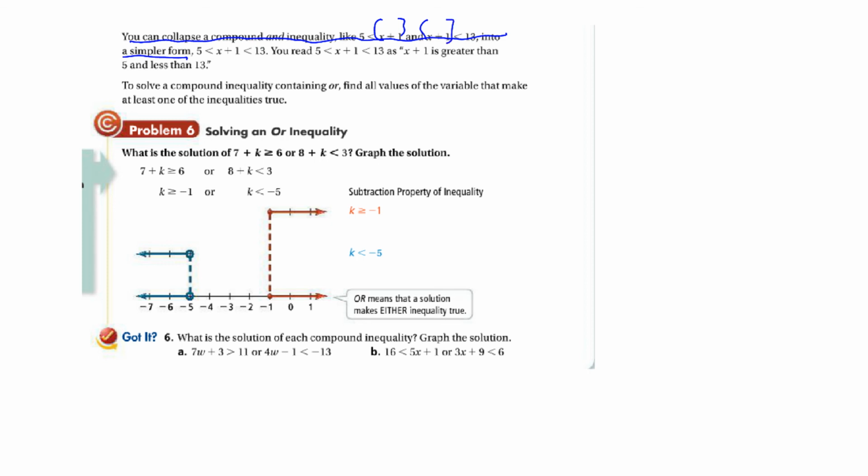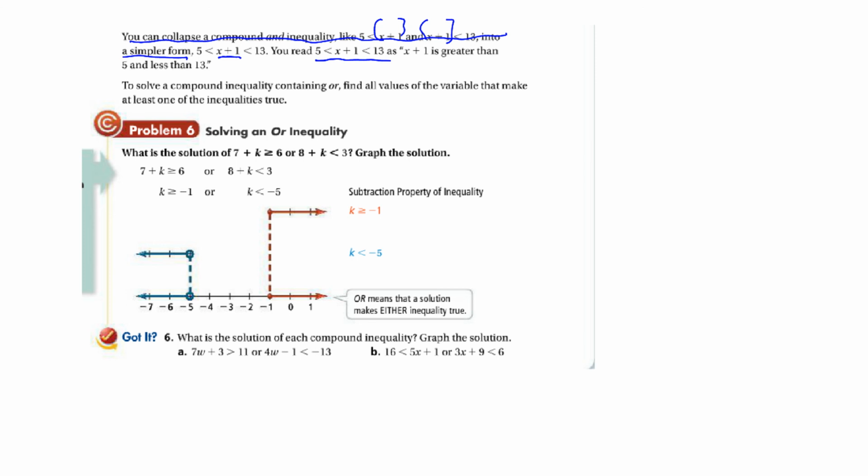We're able to put the x plus 1 here in the middle, put the smaller value 5 on the left-hand side because smaller values are to the left of the number line, and the larger value 13 on the right since larger values are to the right side of the number line. And we can write that as this, and you would read it as x plus 1 is greater than 5 and less than 13.